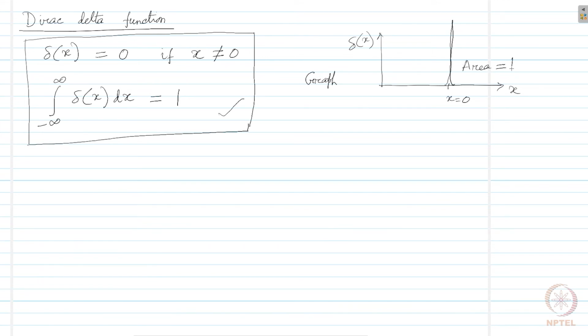And if this is the definition, then we can write that the integration over minus infinity to infinity of a function f x delta x dx will give us the value of the function at 0 multiplied with the integration of the Dirac delta function from minus infinity to infinity.